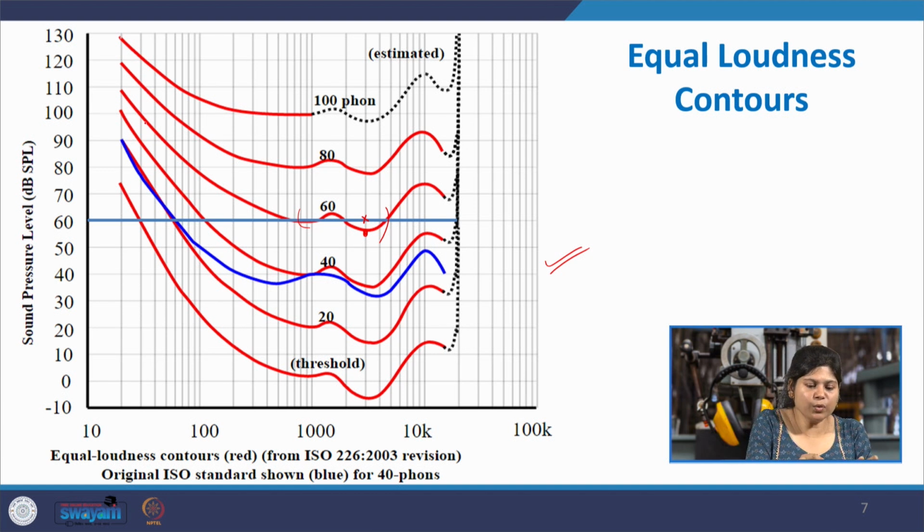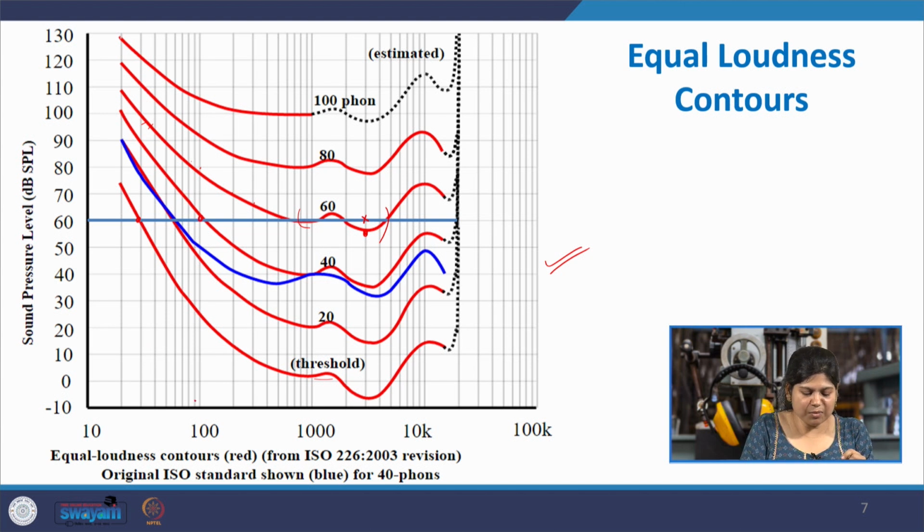But if you shift towards the lower frequency, then what happens? That same 60 dB sound will actually sound lower. So, this is a 60 decibel sound. Here it is just barely audible at this frequency, and the same 60 dB sound as you go higher, say at 100 hertz, corresponds to a loudness of 40.